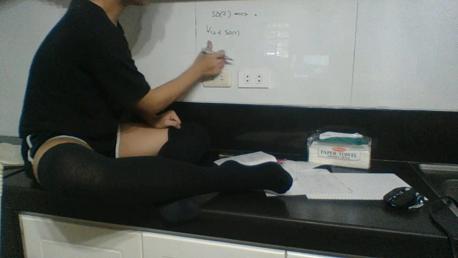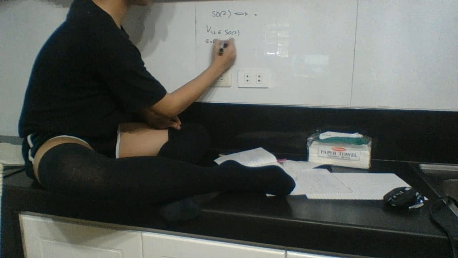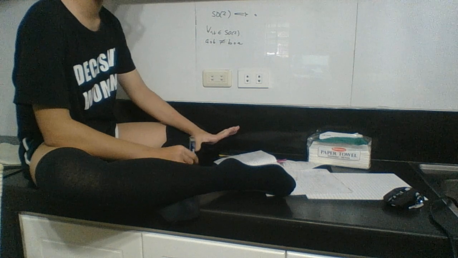So this time A and B are matrices, not numbers or symmetries. So AB is not the same as BA, because multiplication of matrices is non-commutative. Addition is commutative, but not multiplication of matrices.